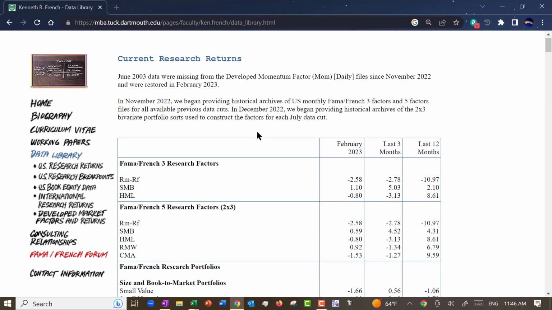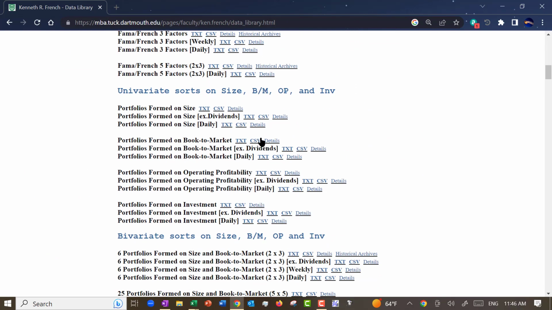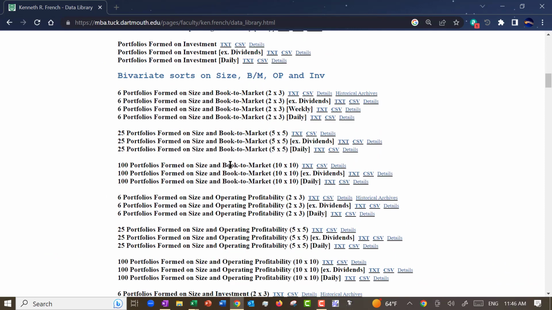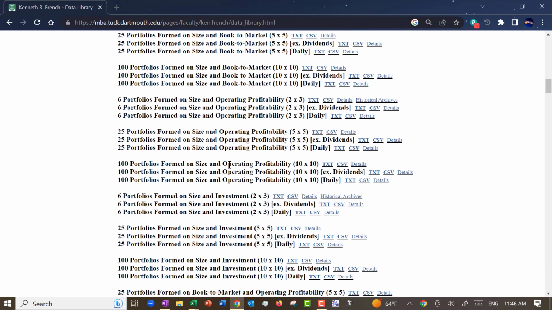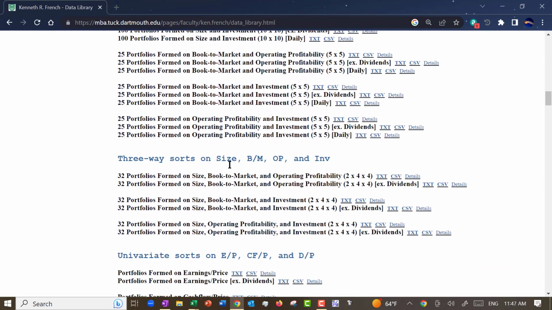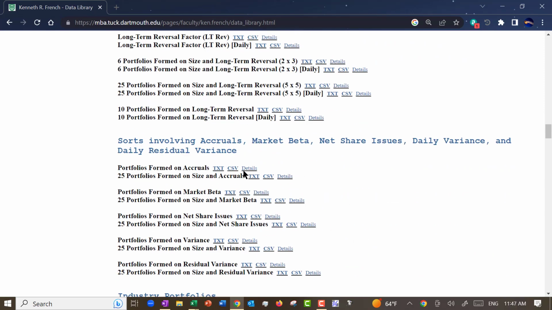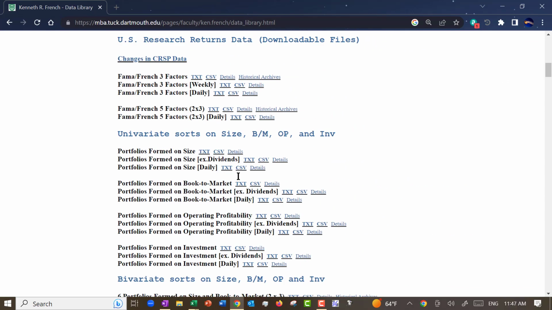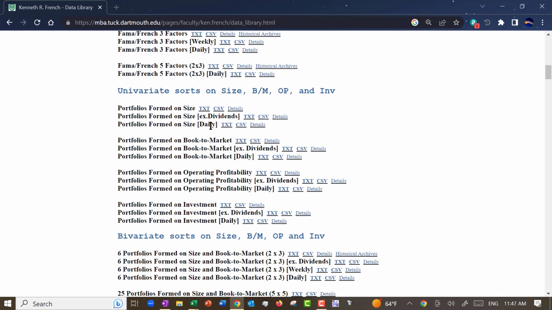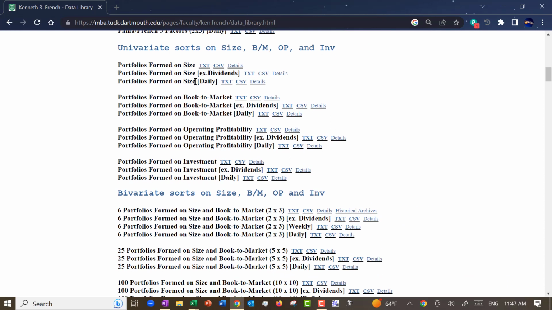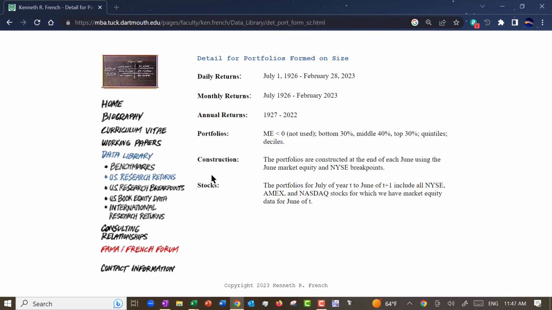They have return data for a lot of different portfolios. First, you're going to get portfolios formed on size, CSV. And if you click on details, it tells you exactly what it's doing.